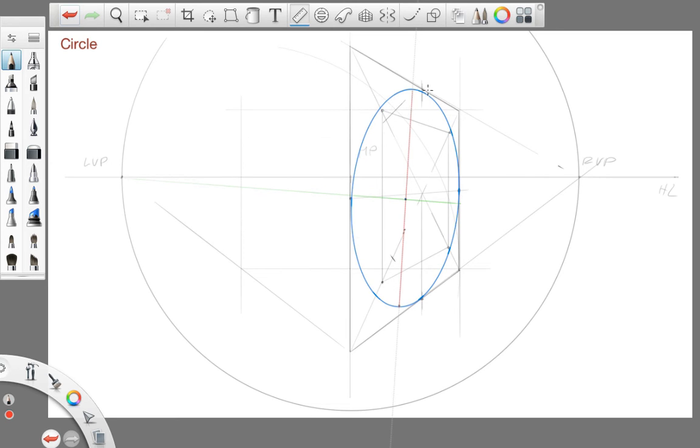So that's our major axis. And because this is actually an ellipse tool, what has to happen is along the minor axis, you should be able to fold over the ellipse. So the lower part has to be equal to the upper part. If that is the case, then your ellipse is correct.